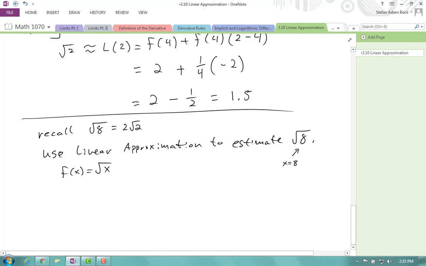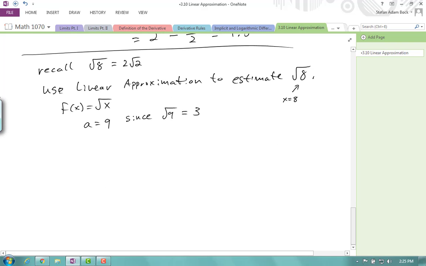Close to 8, we have 9, and the square root of 9 is equal to 3. So I'll use a equal to 9, since the square root of 9 is easy to calculate. It's equal to 3. Then I just chomp out my linear approximation formula.